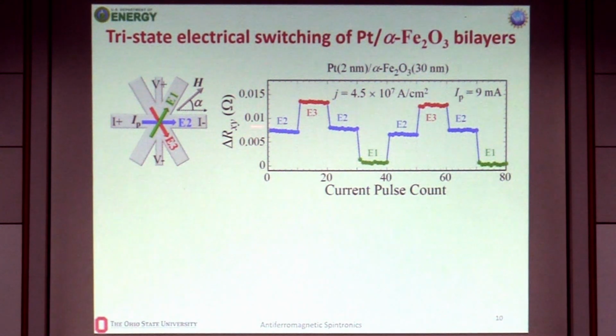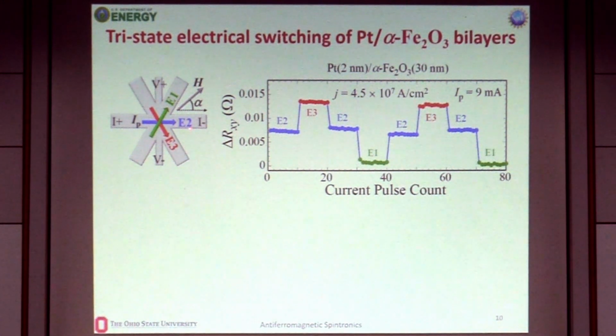For the initial chain along E2, this horizontal one, the signal stays more or less constant. And then we change the pulse current along E3, 60 degrees away. And suddenly the detected Hall resistivity jumped to a higher value. For 10 pulses, it stays more or less flat.